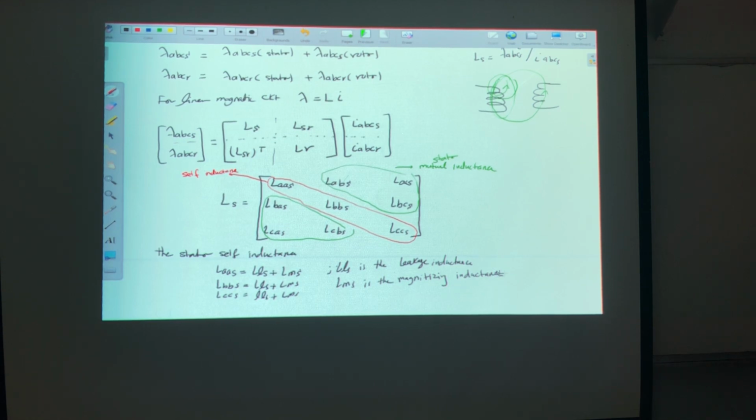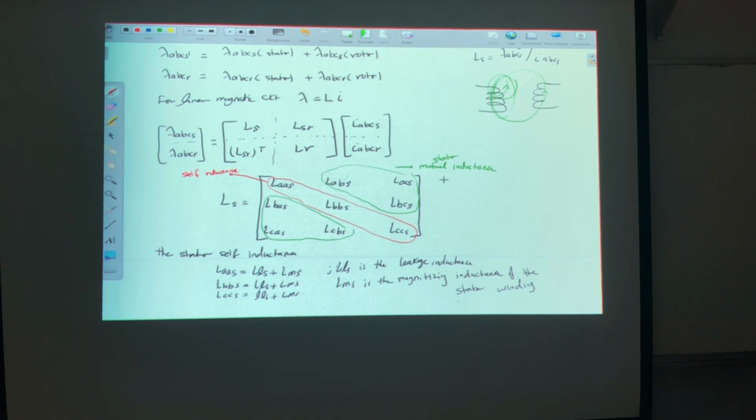Good. Now, what about the LABS, LACS, the stator mutual inductance? LMS only, huh? Okay.